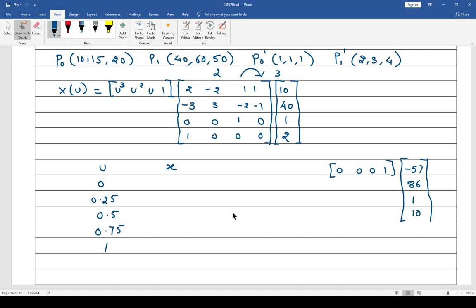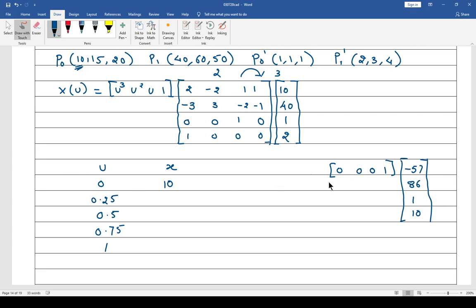So for U equal to 0, I am getting 10. Okay, because 0 into 0 and this is 1 into 10, and that is absolutely correct. I should get it because this is 10. Okay, so I should get 10.